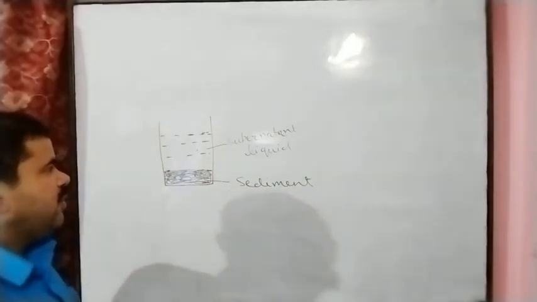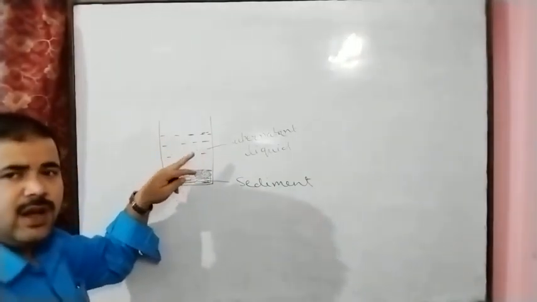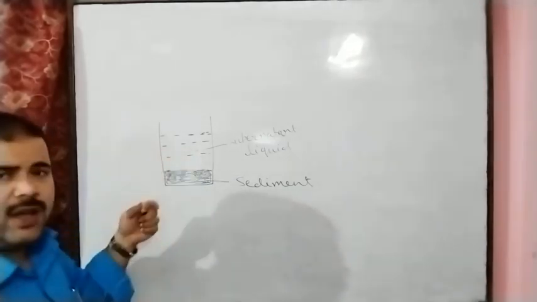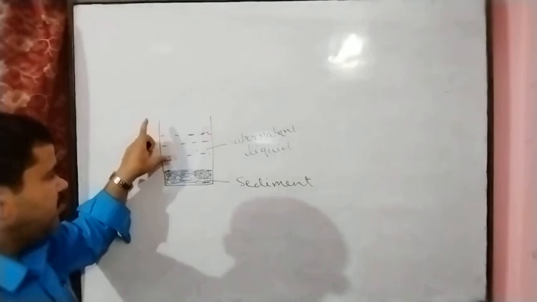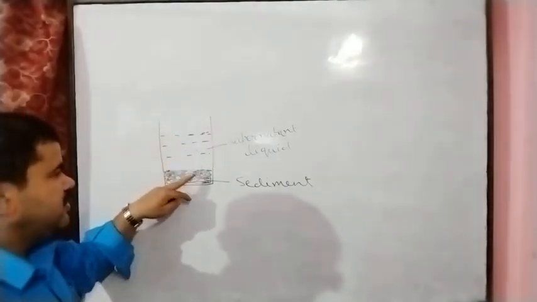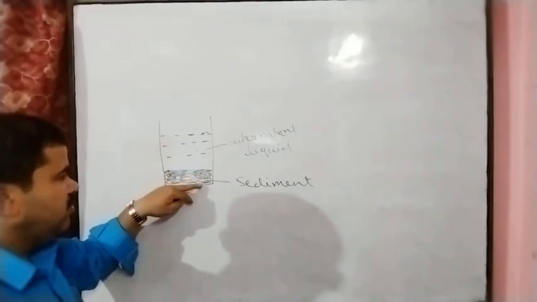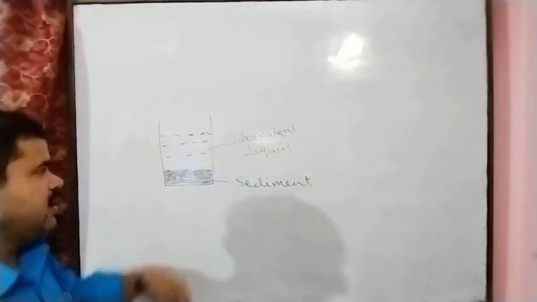First we mix the water and sand and allow it to stand for some time. After some time we get two layers: at the bottom of the container the sediment, and above it the supernatant liquid.